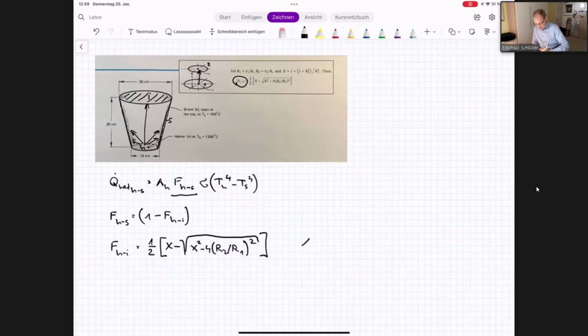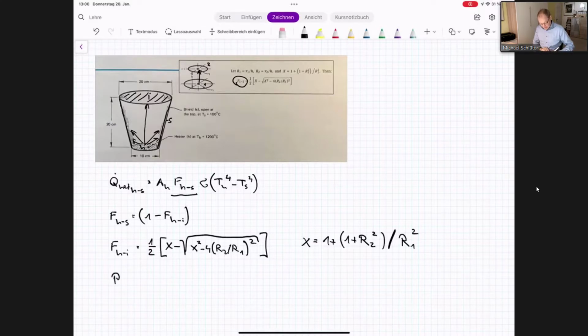And now we need x, and x is defined, as you can see in the equation, as 1 plus 1 plus R2 to the power of 2 divided by R1 to the power of 2.